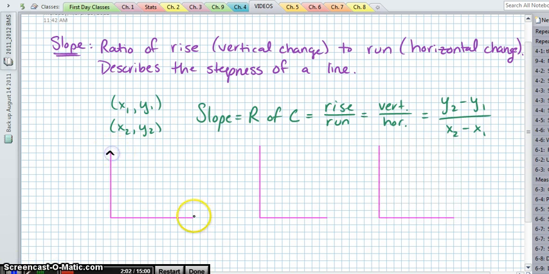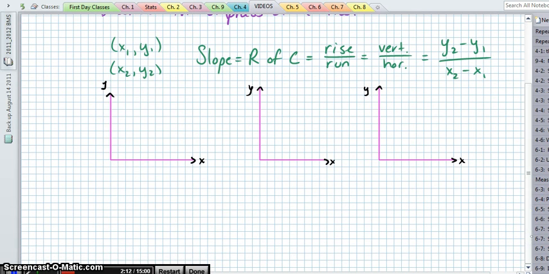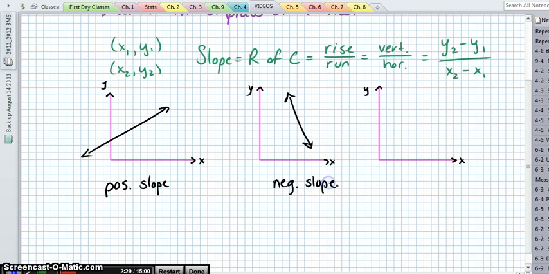So in general, if you have your x and y axes, I have one more that I'll draw in just a moment. I'll put that underneath. You might have a line that looks something like this. Okay, that represents a positive slope because it is going up and to the right. You might have something like this that represents a negative slope. And here are the special cases. This is the first one.